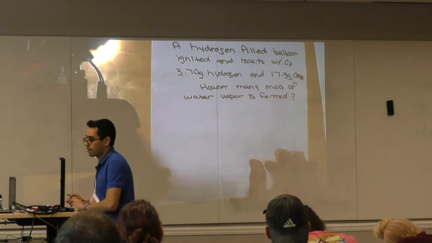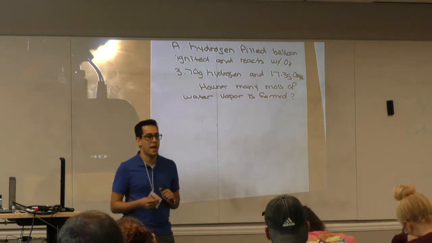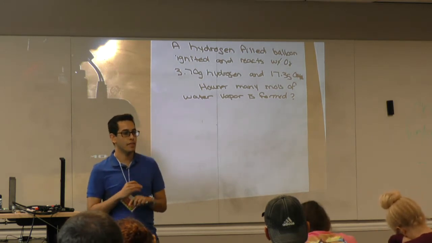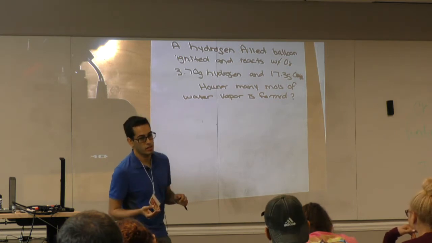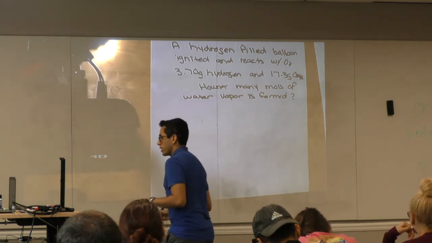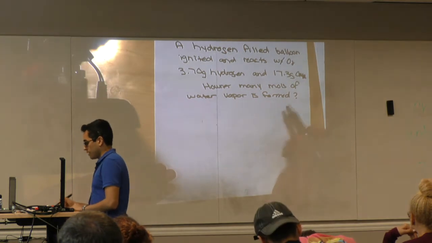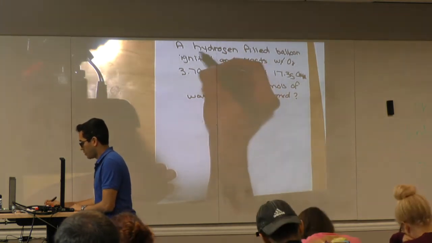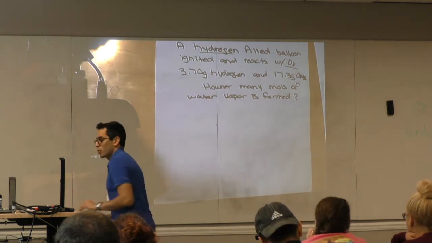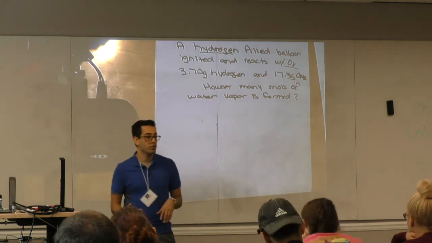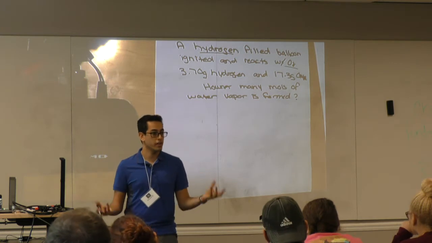So the first step here is we have to have a balanced reaction, right? We need to have a good idea of the surroundings and what exactly is happening in this reaction. So we know that the balloon is ignited, right? So it has hydrogen and oxygen, and you know that hydrogen and oxygen are both diatomic when they are in gas form.